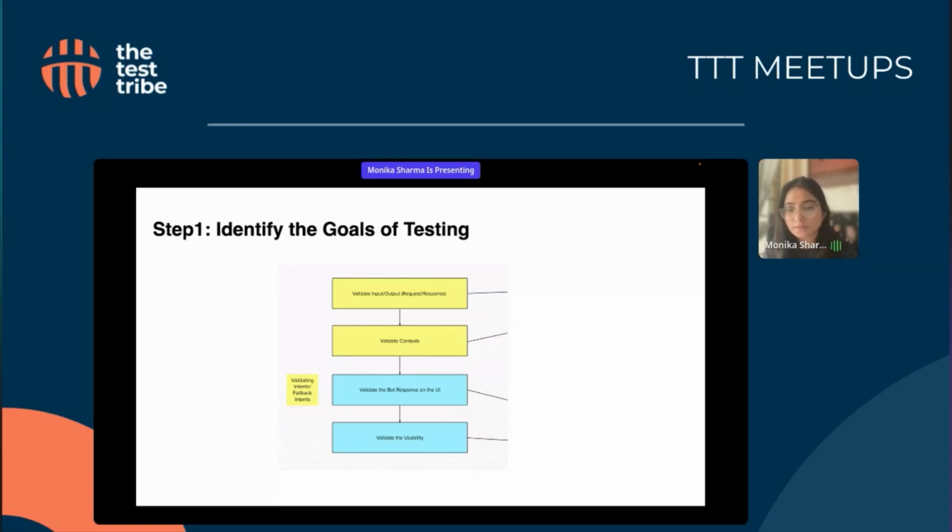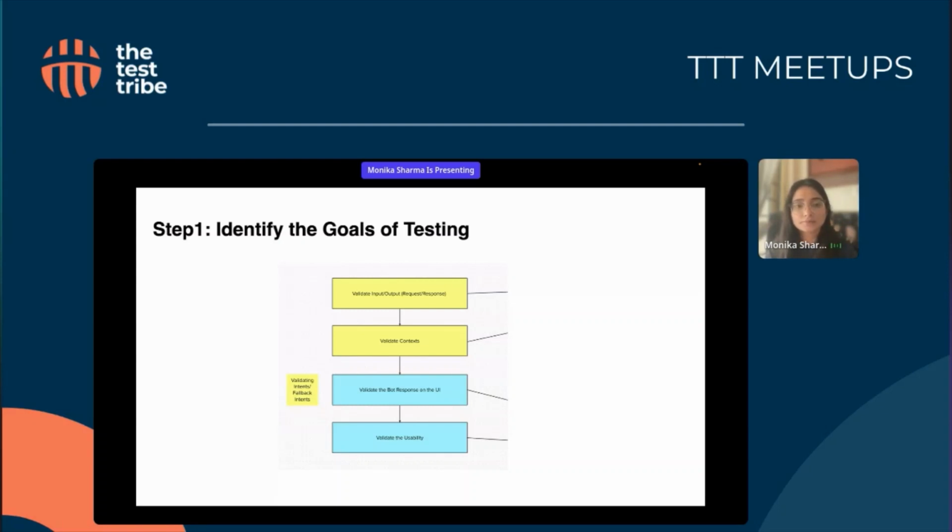And validating the usability: if I reply "order where" instead of "where is my order," you never know how the end customer will ask the question, in what format, or in what sentence. So that comes under usability.